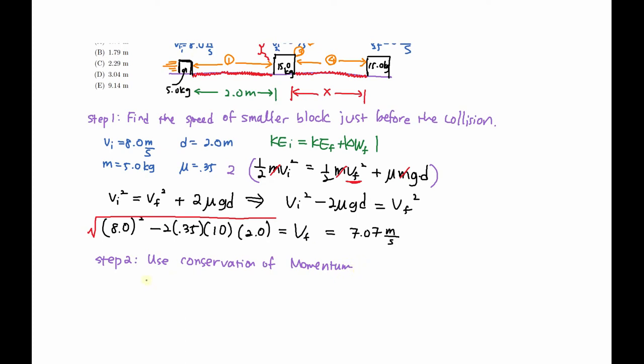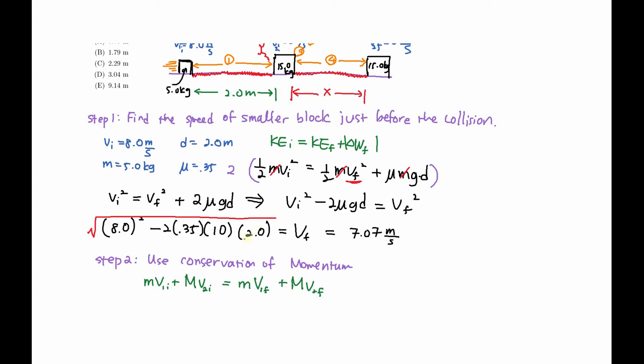By definition, it is mass times the velocity plus the bigger mass times the velocity of our second block, equals mass times the final speed of our first block plus the bigger mass times the final speed of the second block, so you get an equation like this.